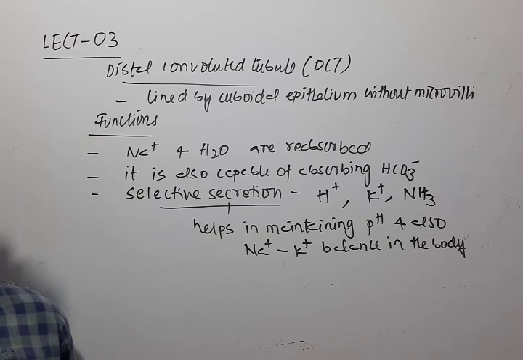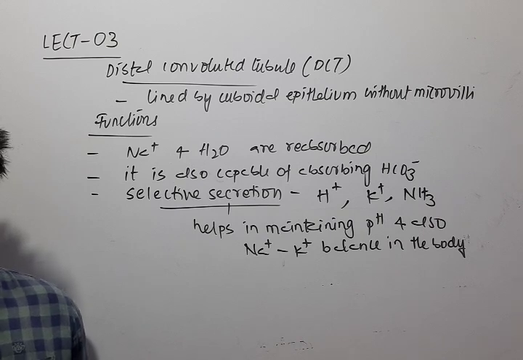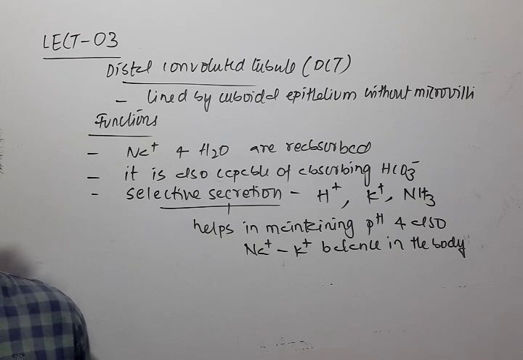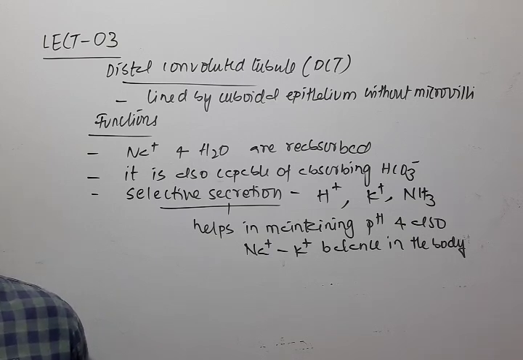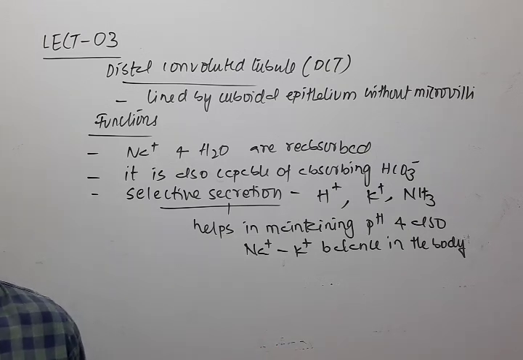Many useful substances are also filtered from the blood. Once these are removed from the blood, depending on the requirement of the body, the body will try to reabsorb some of these substances back. How that reabsorption happens we will see in the coming sessions.